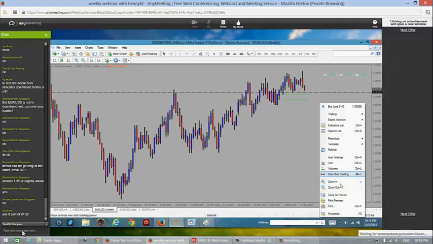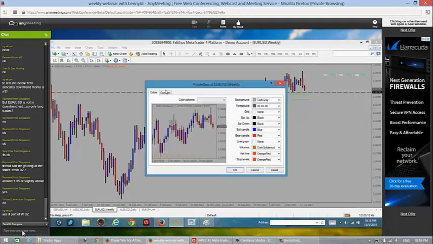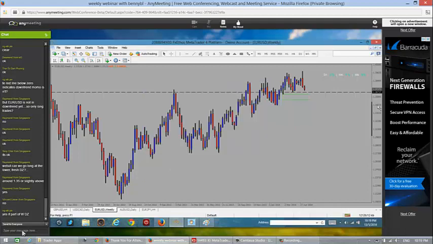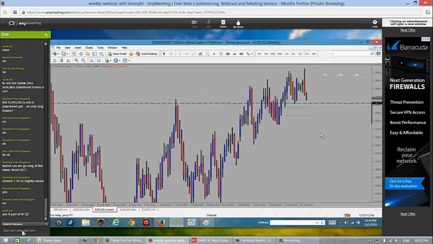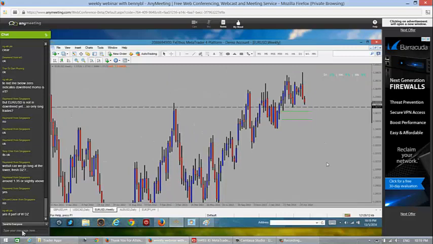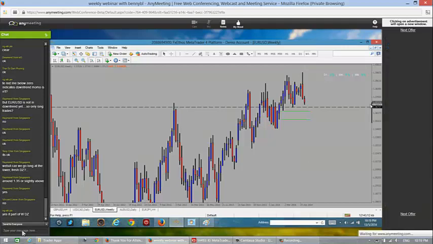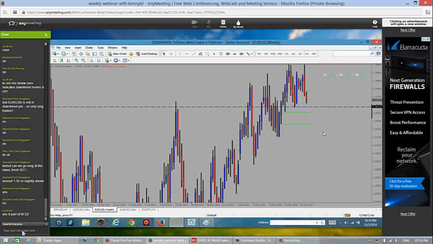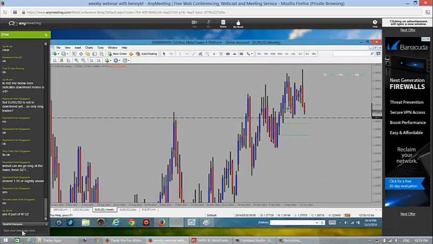Now, where is our weekly demand? We are not allowed to take the demand, Raymond, even though it's a fresh demand, right? Because the trend line has been removed. Okay? So now, where is your weekly demand?